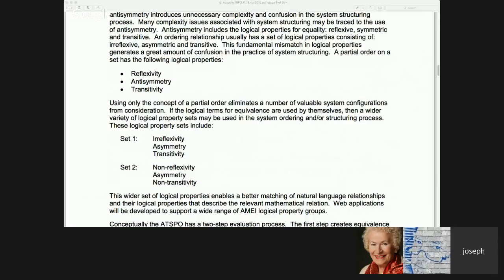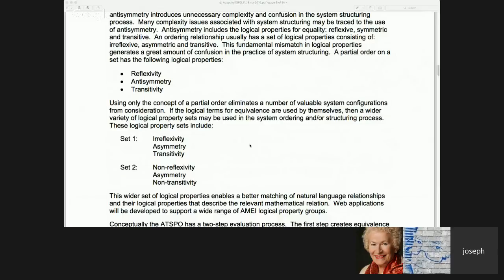But you're driving right to a point which I think is very important. I think if you use the idea of a partial order as it applies to sets in this type of work, you greatly over-constrain the application of this work, because reflexivity is basically the standard definition.